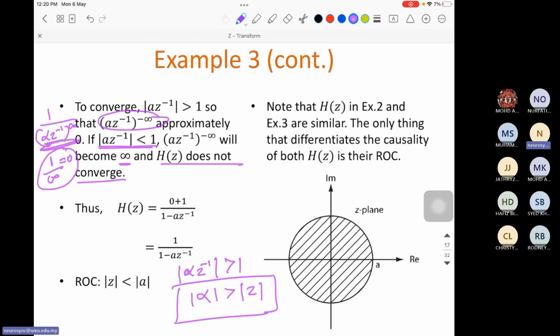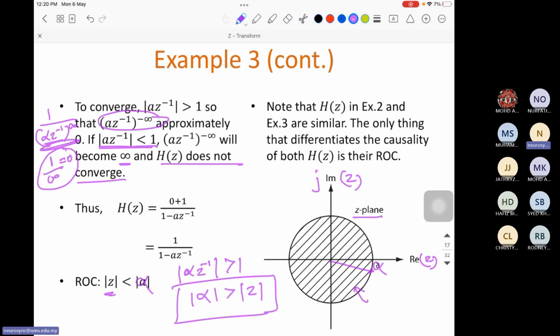Now we plot this in the z plane. We have the z plane with real z and j times imaginary z. The value of radius r is equal to alpha. This only exists when z is less than alpha. So the region of convergence is inside the circle.